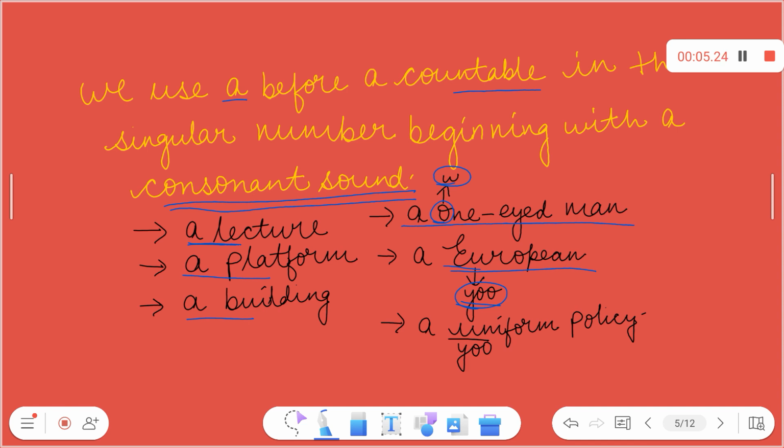Now comes a uniform policy. When I say a uniform policy, again this sound comes out, not that sound. That is the reason we use a over here. So the most important thing to understand here is the consonant sound, not the consonant itself. We use a before a consonant sound.